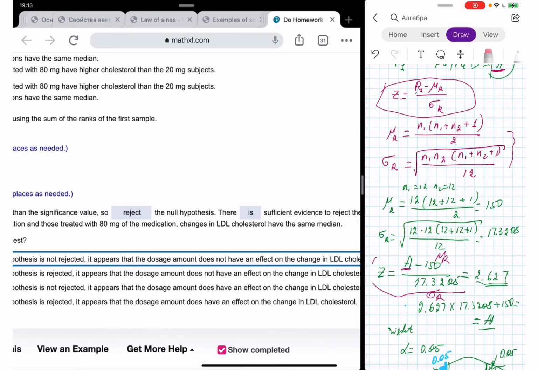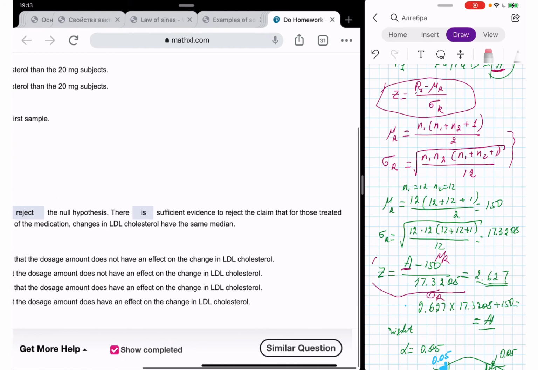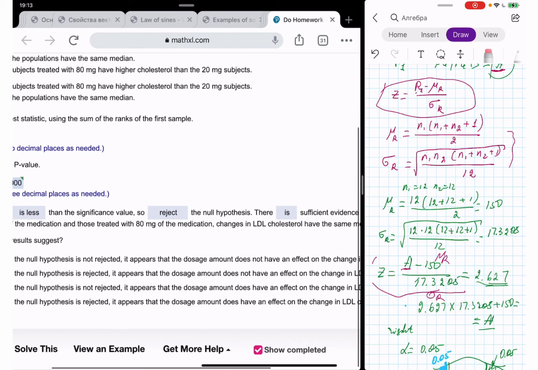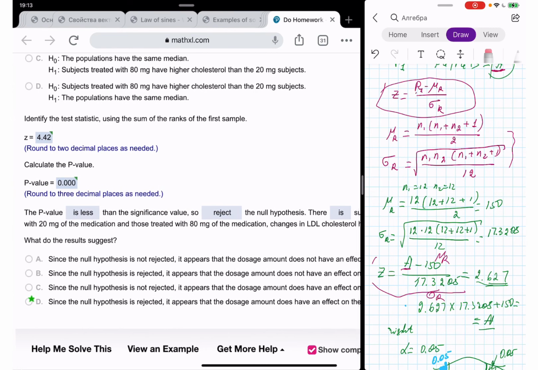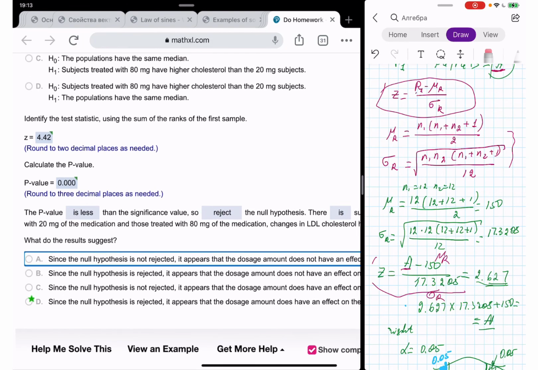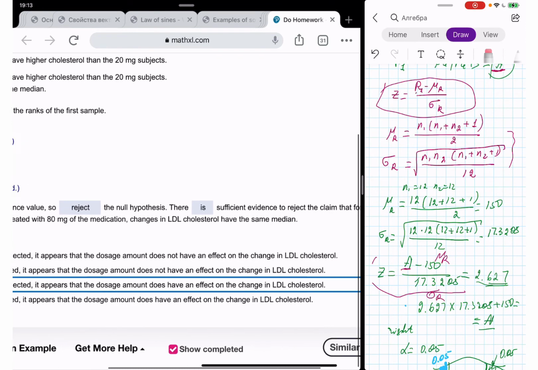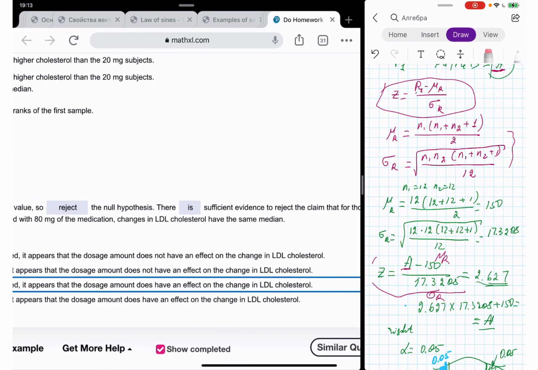If we reject the null, you choose the appropriate answer. And the result: since the null hypothesis is rejected, it appears that dosage amount has an effect on the change in LDL cholesterol.